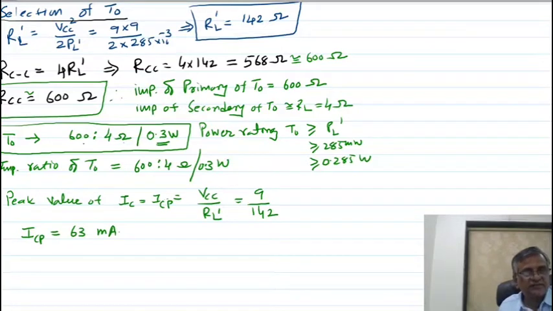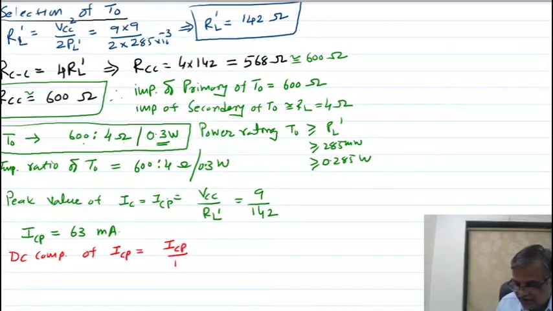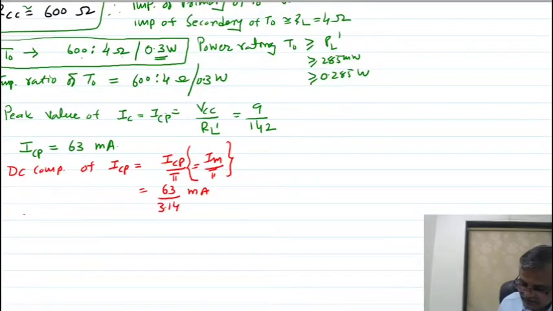Now the DC component of this peak value of the current can be calculated by this equation. You know, it is Im by pi. So it is 63 upon 3.14, so the DC value of the current is 20 milliampere.